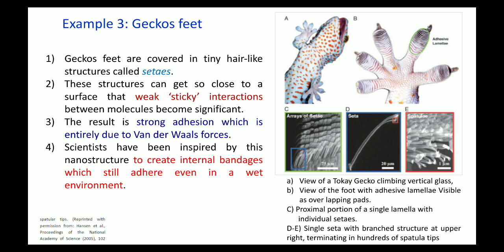Third example is a gecko's feet. Basically, in the history of India, you all are aware of Shivaji Maharaj, and there is one incident where the soldiers wanted to climb a vertical wall, and they used some kind of animal called a ghorpad, and they climbed the vertical wall.